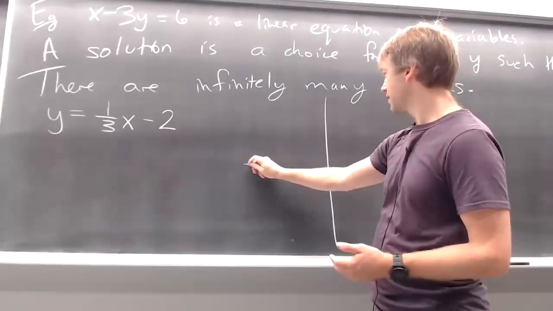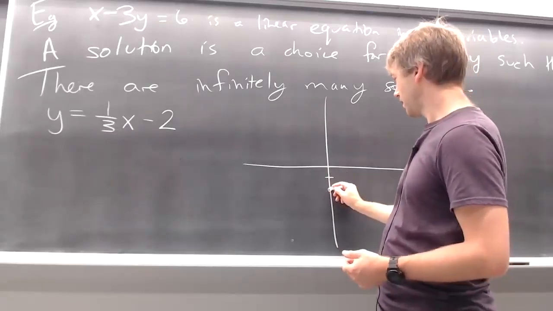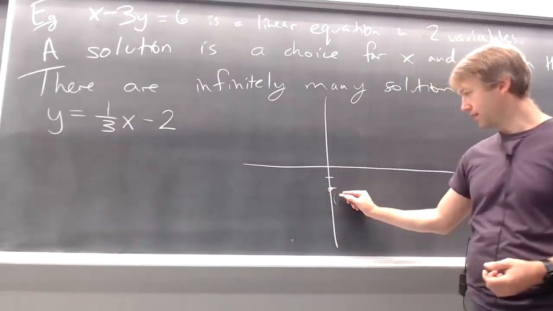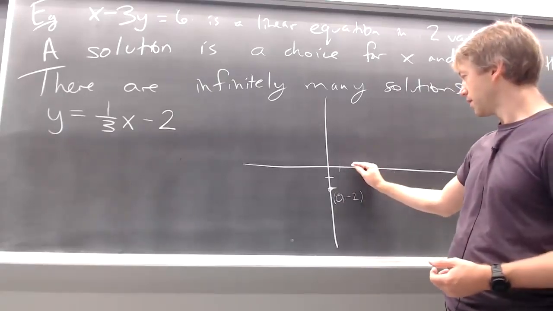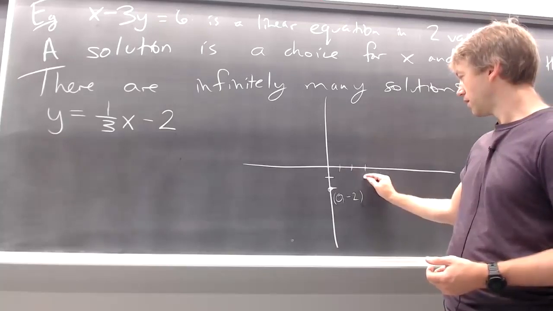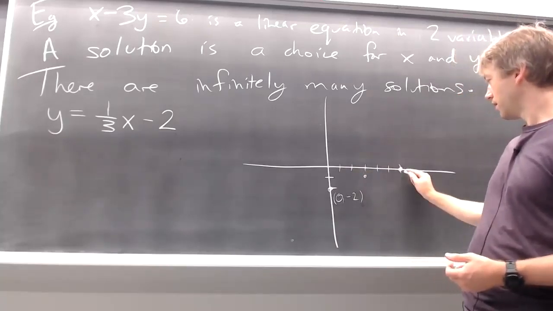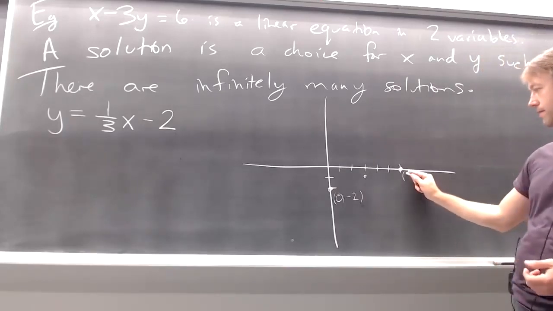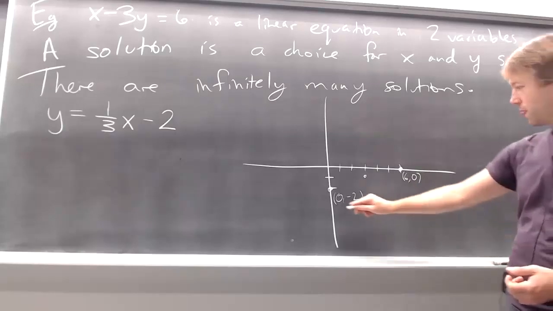So if I graph this, I know that it goes through the point (0, -2). And for example, (6, 0), right?